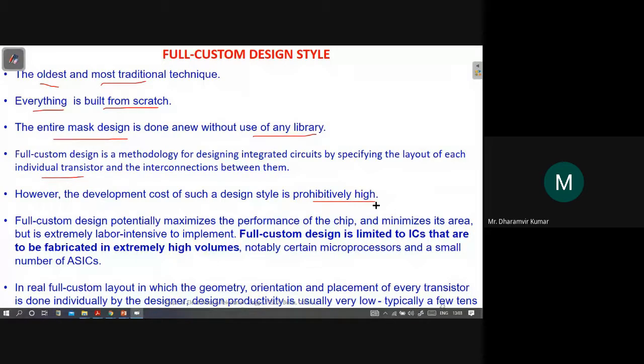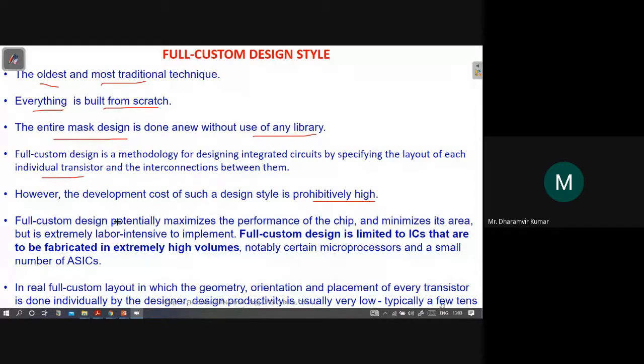Naturally, if we are doing all the things from scratch, starting from zero level, then it will involve a huge amount of time, effort, and money, cost also.